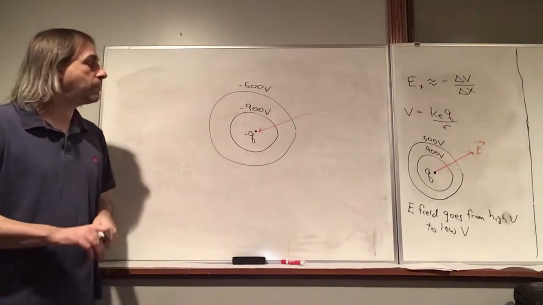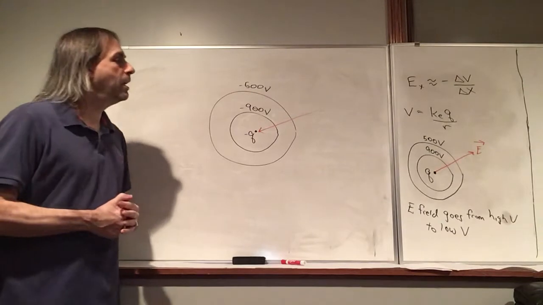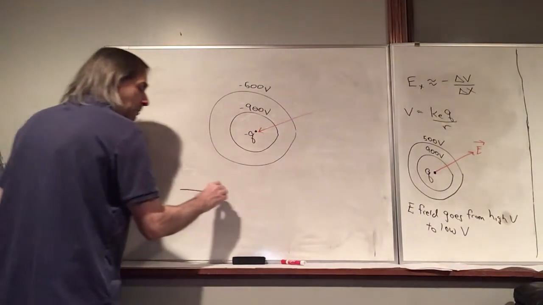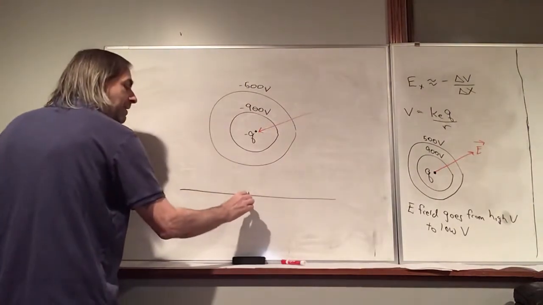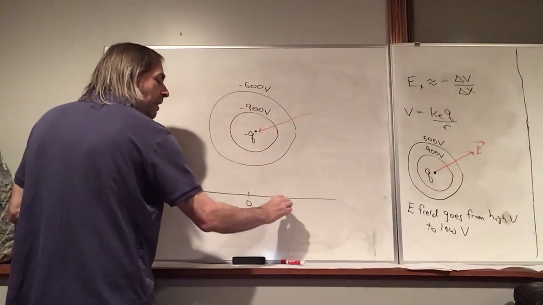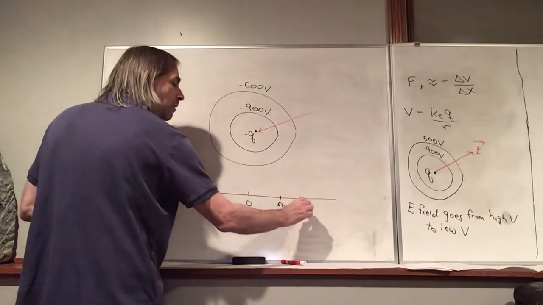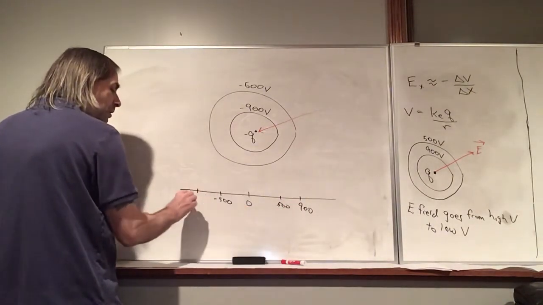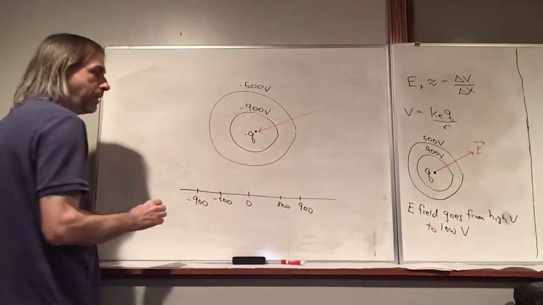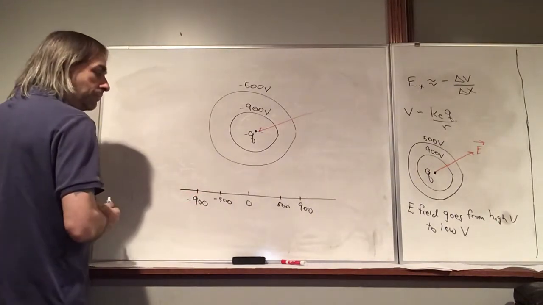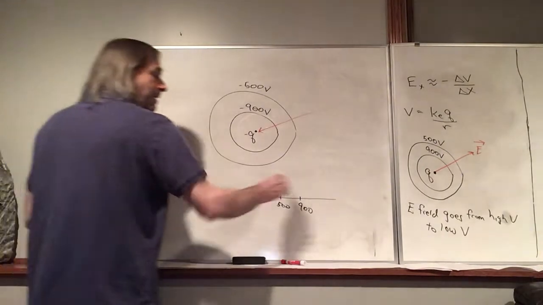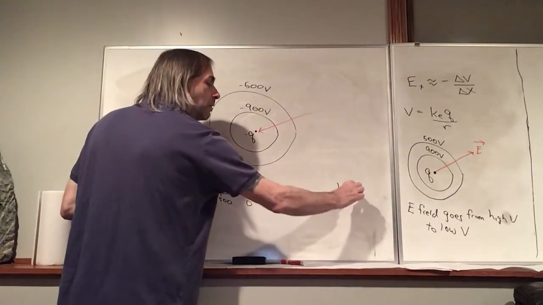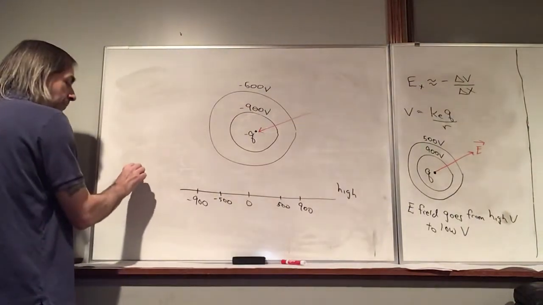So, yeah, even though it doesn't look like it, you can picture like a number line. So let's say that this is 0. So it's like here we have 500 to 900. And over here we have minus 500, minus 900. The numbers are just ordered, where these are higher, these are lower.